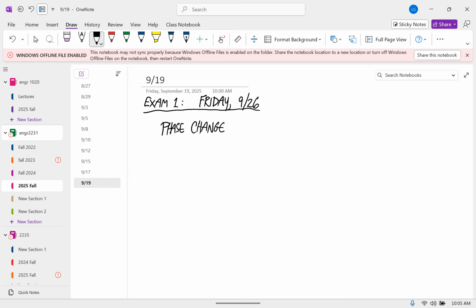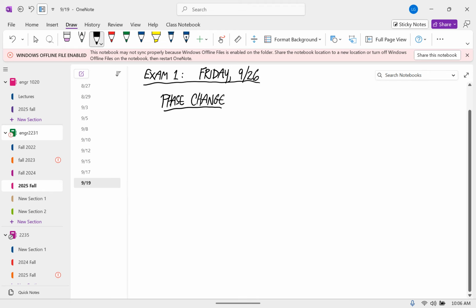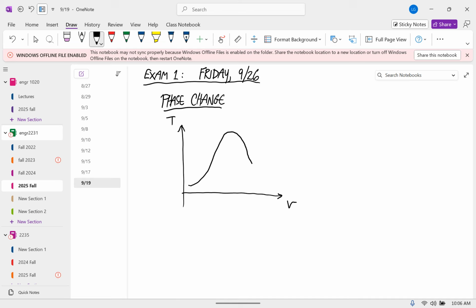And we're going to do this by looking at a temperature volume diagram. So I'm going to put temperature on the vertical axis, specific volume on the horizontal axis. And here's the vapor dome. Let me actually make a change to this.